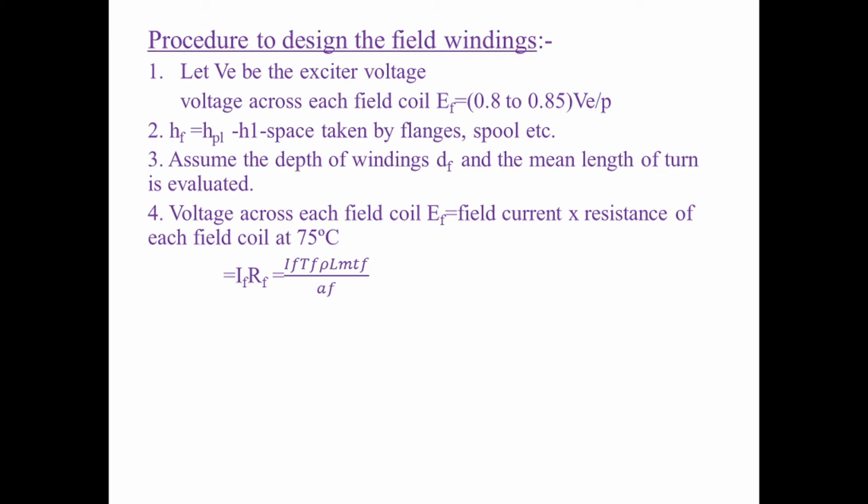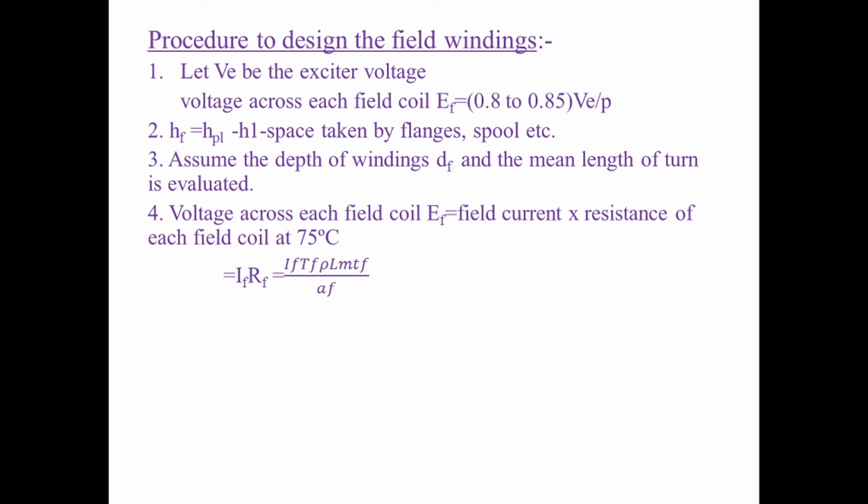And the third step is we need to assume the depth of the field winding, that is DF. Normally, if the pole pitch is 0.1 meter, then the depth of the winding will be taken as 25 mm. If the pole pitch is around 0.2 meter, then the depth of the field winding is taken as 35 mm. And if the pole pitch is 0.4 meter, then the depth of the winding is taken as 45 mm.